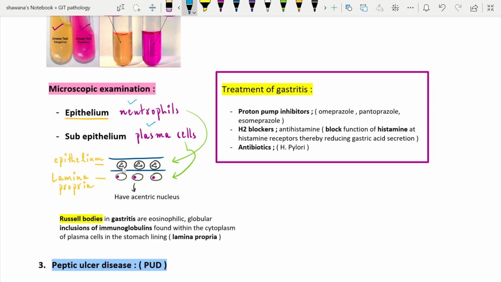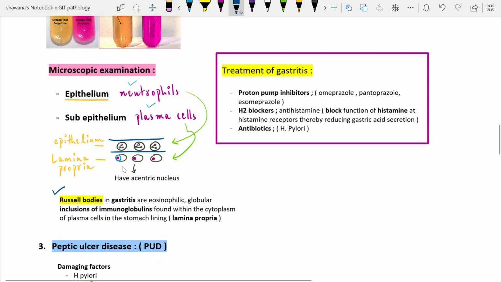Plasma cells have a very familiar shape. They have an eccentric nucleus. It means the nucleus is not centralized, but is located towards the periphery. They have the nucleus right like this. So we can identify that these cells are plasma cells. One most important diagnostic factor for gastritis is Russell bodies.